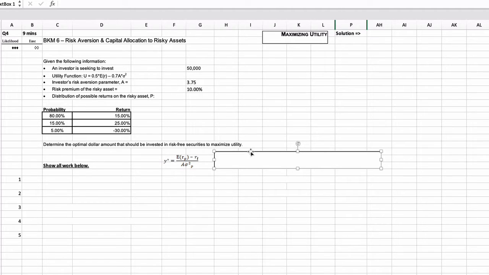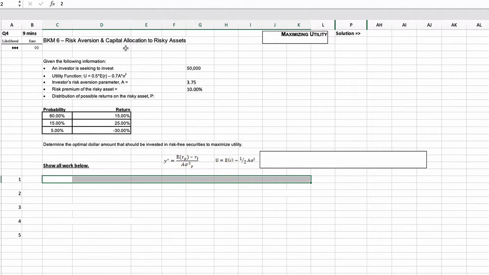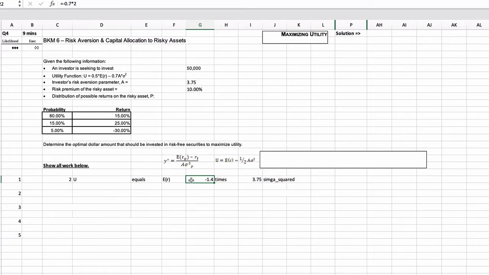But the formula only works for the standard utility function. So we need to rewrite the given utility function in the standard form so that we can use the formula for Y. First, on the given utility function, we multiply both sides by 2, and we got 2u is equal to expected return minus 1.4 times 3.75 times sigma squared.